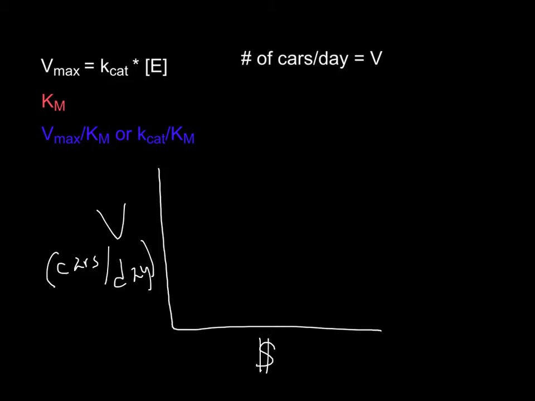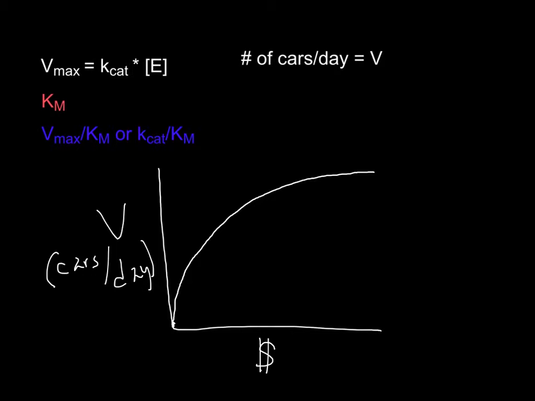So, you can imagine if you have no money, you're not going to be making any cars. And as you increase the amount of money that you put into your car company, your car factory, it's going to peter out. At some point in time, you cannot put any more money in and make any more cars because all of the assembly lines are busy.